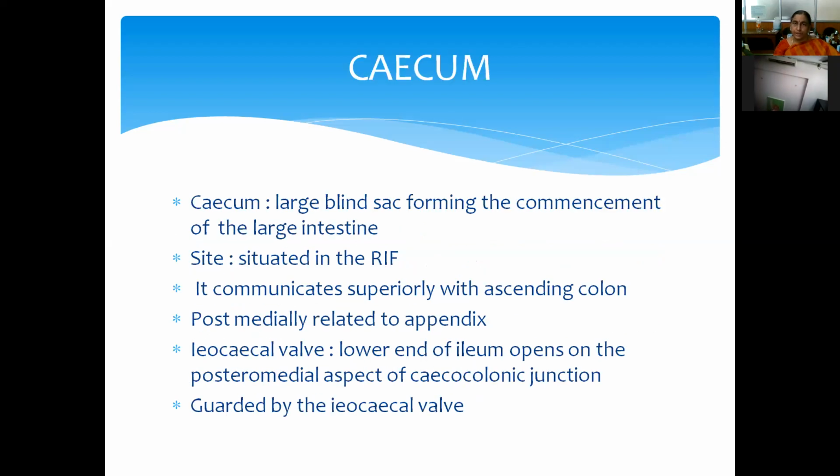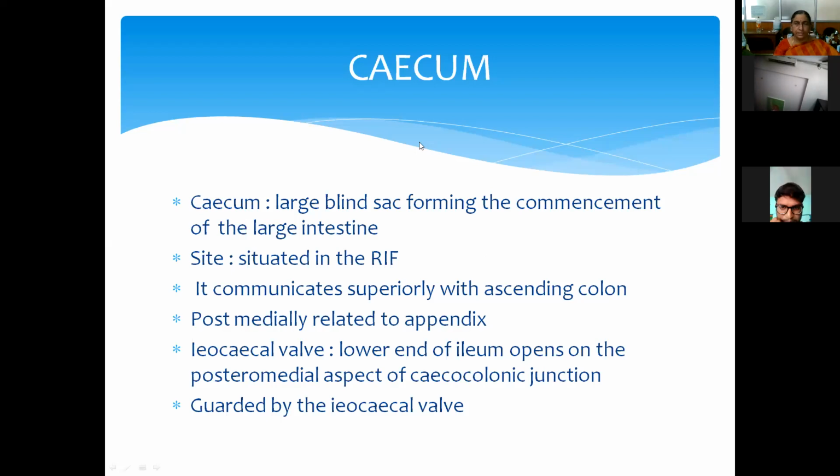Coming to the first part, cecum is the large blind sac forming the commencement of the large intestine. So it is situated in the right iliac fossa on the surface.